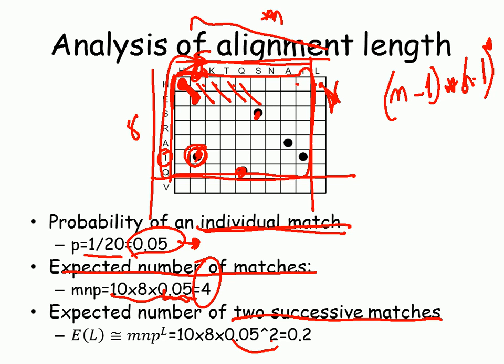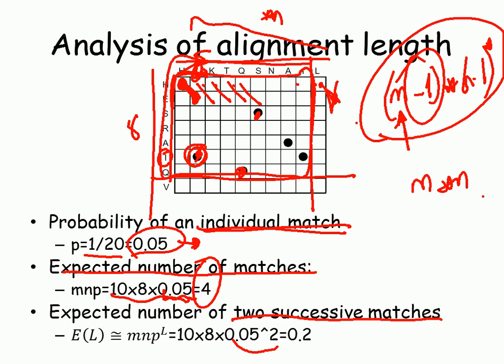All right? So similar to the approximation that we did for the coin tosses, now let's pretend that m is really large. So when m is really large, this value is going to be very close to m times n itself. So the -1 can be ignored if m is much larger than 1.